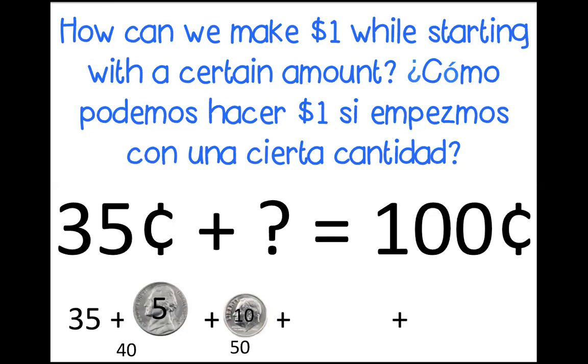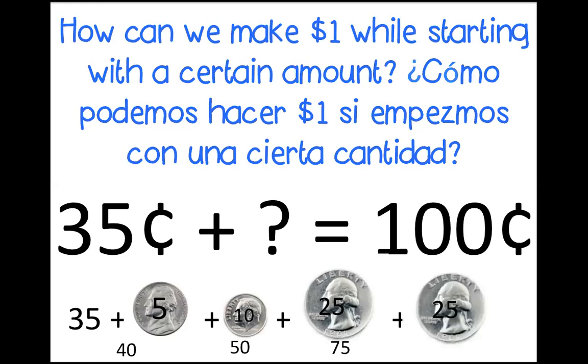Besides, I could continue with dimes and keep counting by tens, but there's a bigger coin that's going to help us get there, a coin with a bigger value. The quarter, and if I add 50 plus 25, I will get 75. And now which coin would be my last coin to get me to $1? Another quarter would get us to 100 cents or $1.